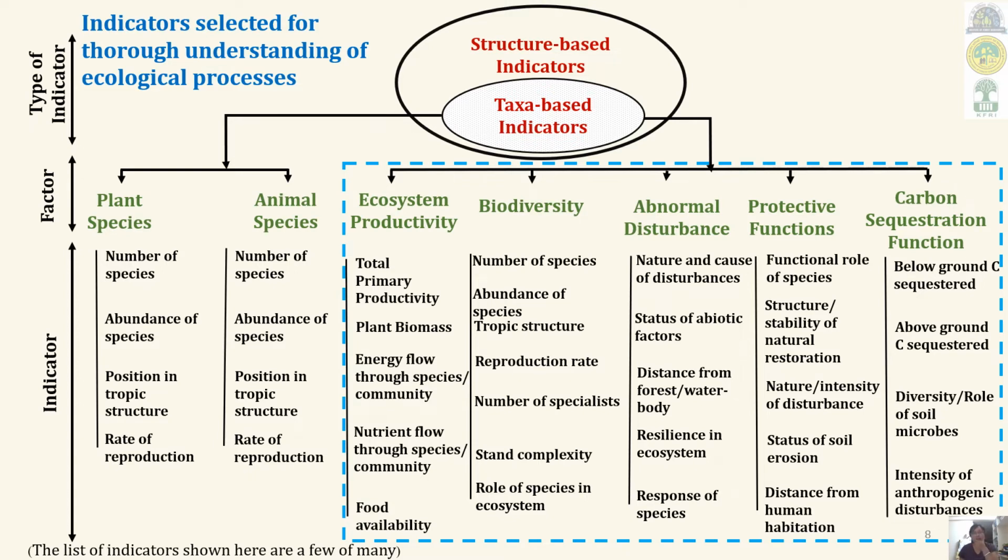When we talk about the ecosystem approach, all these parameters are important. However, the list presented here is just indicative, and there are many other parameters that might be used depending upon the objective, the area, and the type of knowledge required.